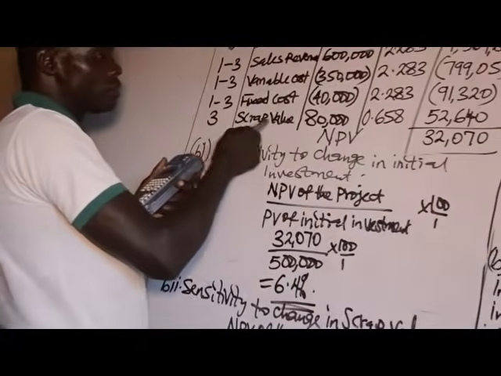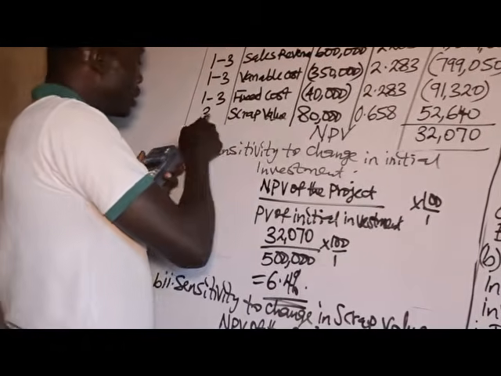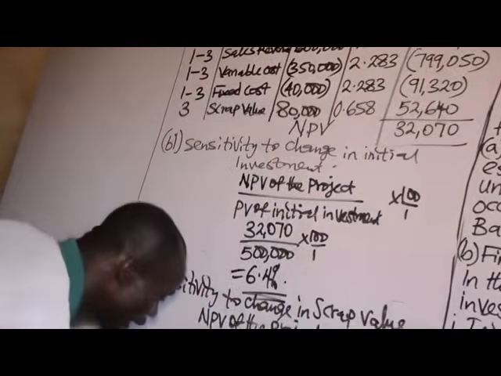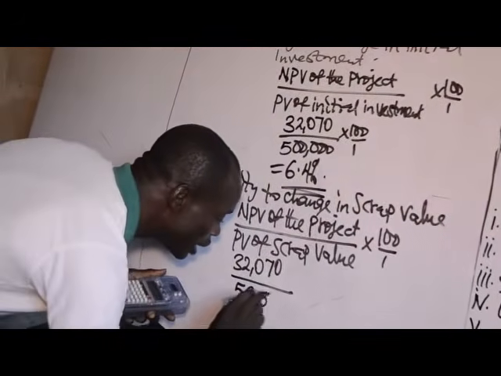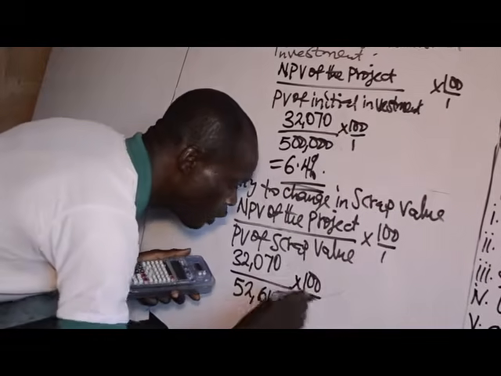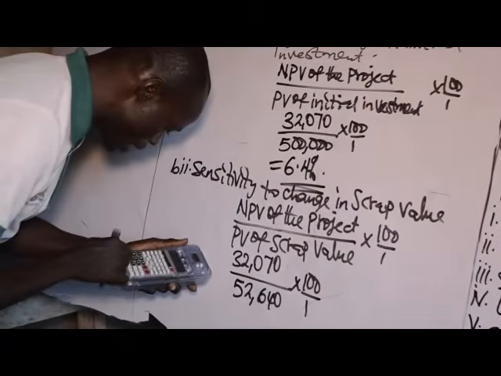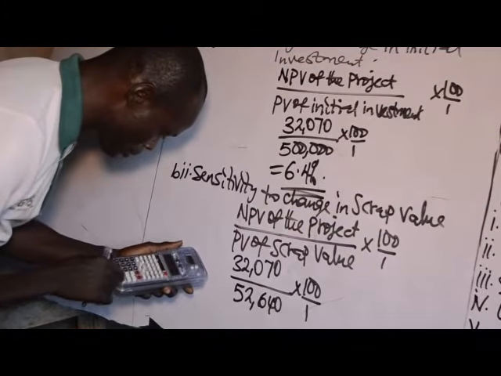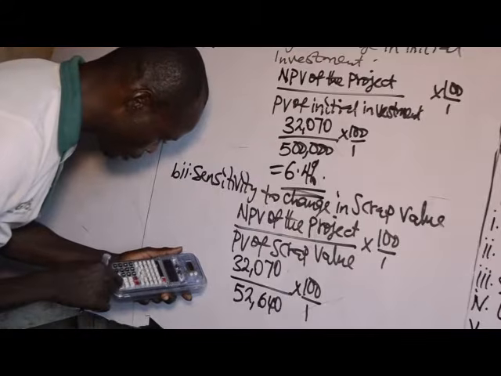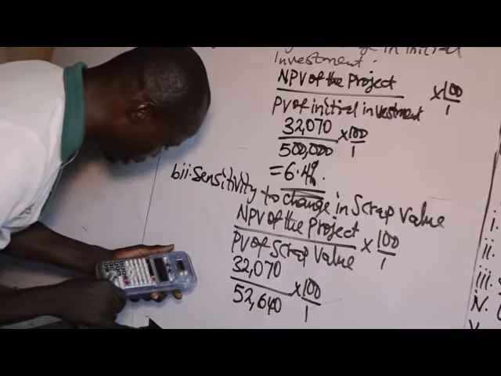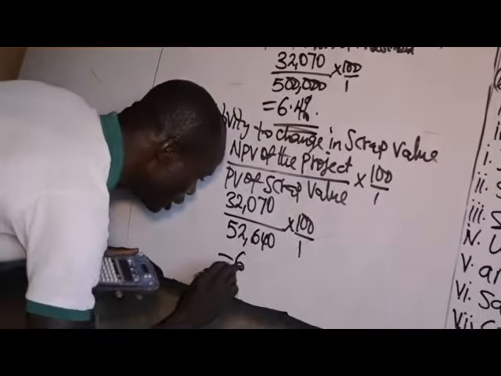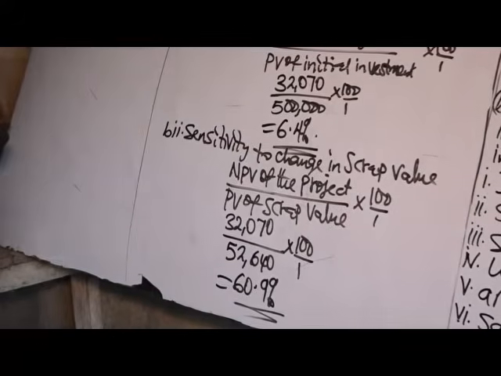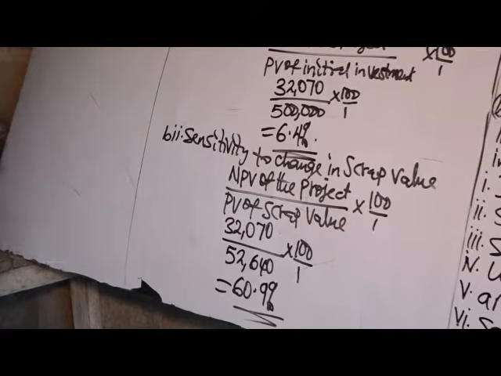The scrap value is 80,000. The present value of the scrap value is 52,640. So 32,070 divided by 52,640 times 100, we have 60.9%. That is the sensitivity to the scrap value.